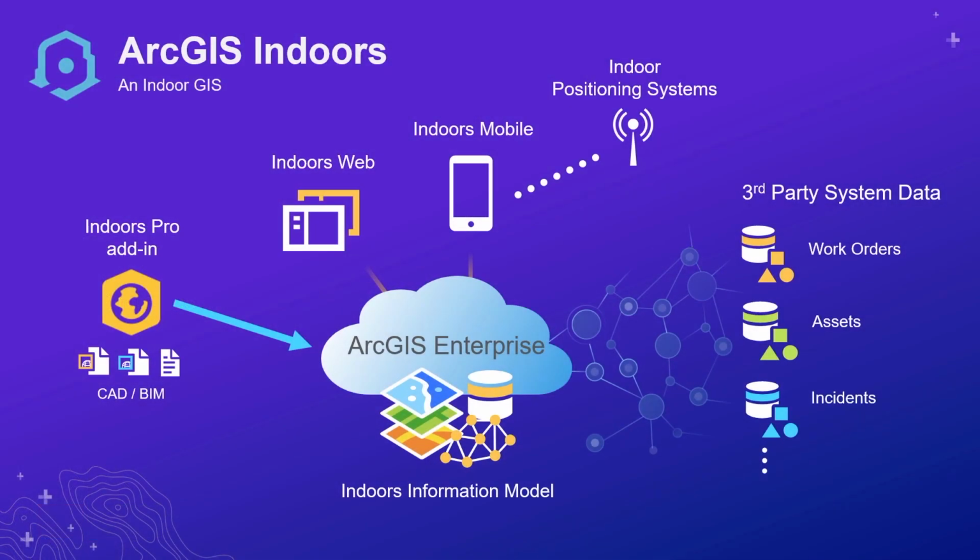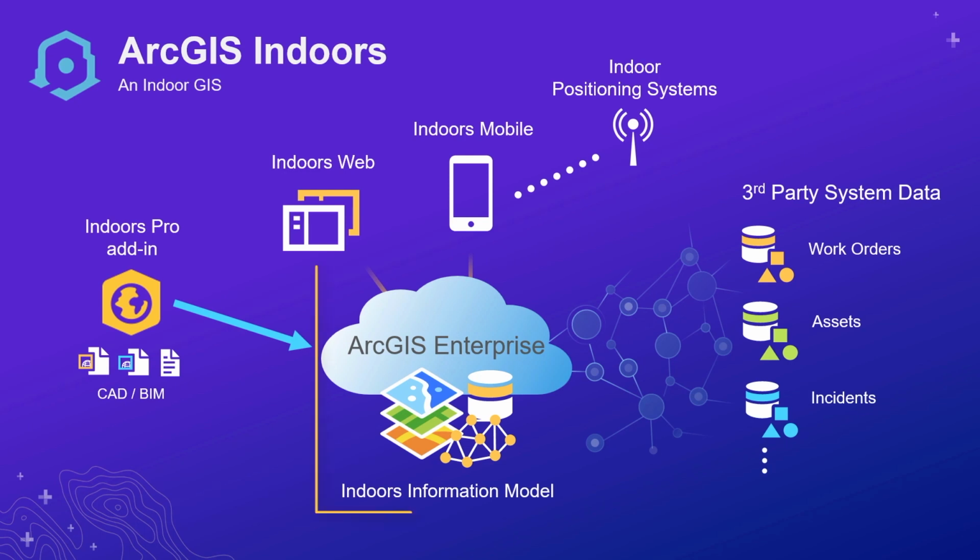ArcGIS Indoors is a complete system for assembling, managing, and sharing indoors location information for a broad range of stakeholders and use cases. ArcGIS Indoors includes geoprocessing tools we can use to import CAD data, generate indoor travel networks, configure indoor positioning systems, and more.